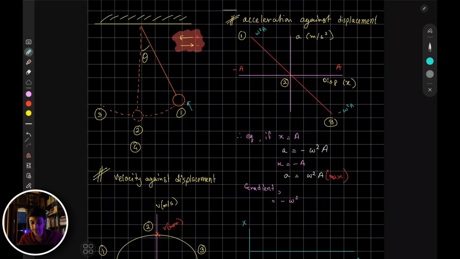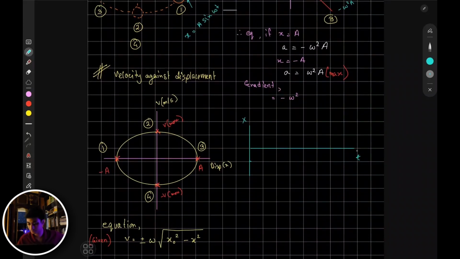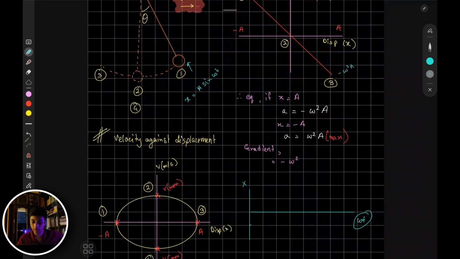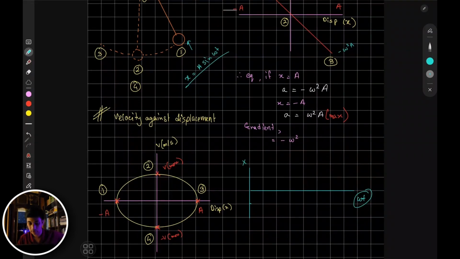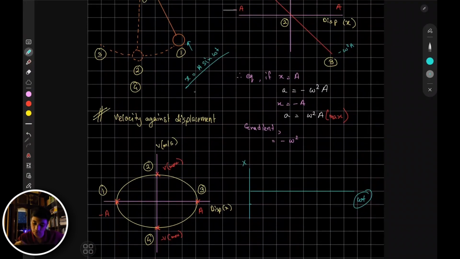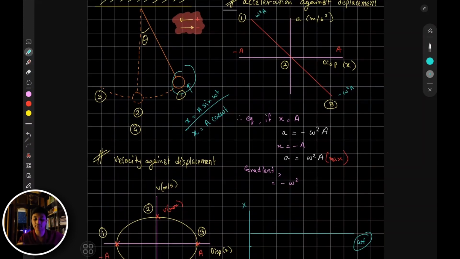You know that displacement can be denoted as a sine omega t, as known from the previous videos. If you've forgotten that, you can watch the video again and understand why. In this case, we're using another formula, x equals a cos omega t, because we're starting from the maximum displacement.